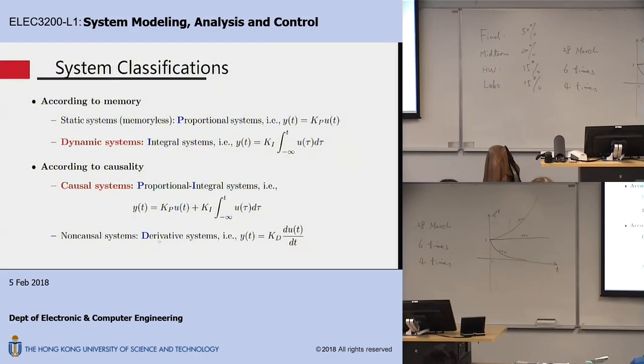The output depends on the past input, and of course the current input, but not the future input. The integrator is causal. So if we put a P system and an I system together, add them together, then you get a PI system.